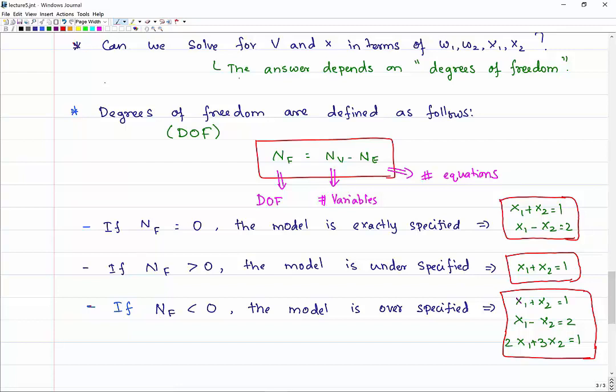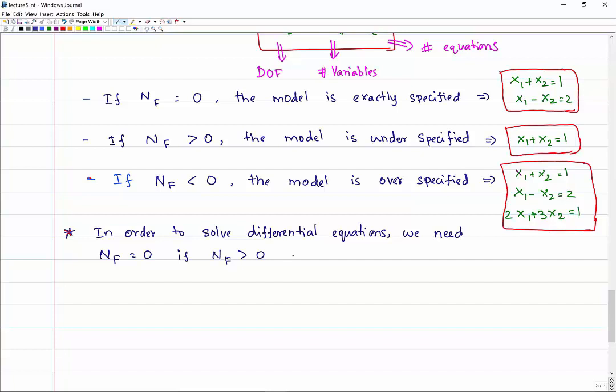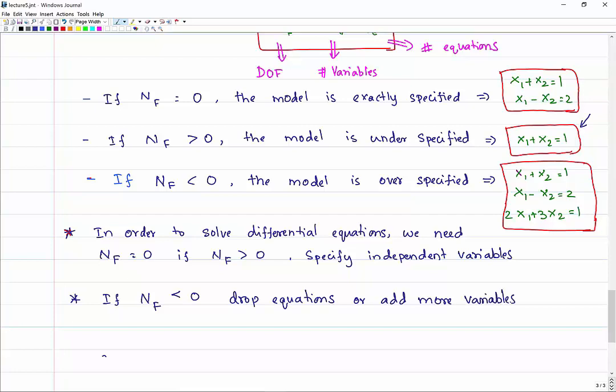Most likely these equations are going to be inconsistent and therefore you will not be able to find a solution. If the model is underspecified, we need to add more equations to the model. If the model is overspecified, we need to remove a few equations or add more variables to the process so that the degrees of freedom are 0. If degrees of freedom are positive, then we need to specify certain independent variables. In a moment, it's going to be clear as to what I mean by specifying independent variables. If NF is less than 0, we will have to either drop equations or add more variables.